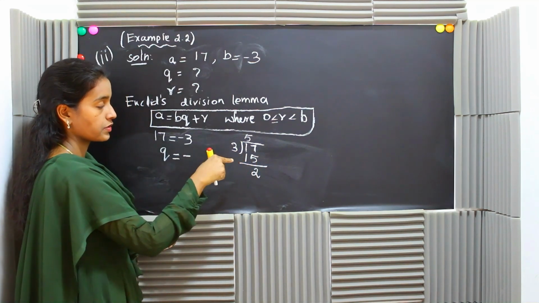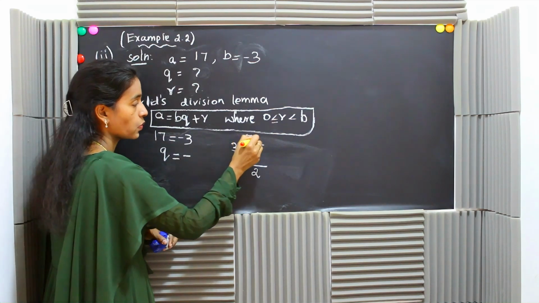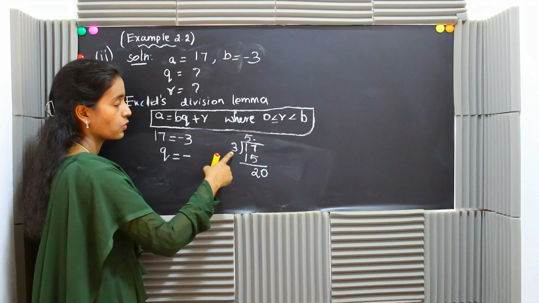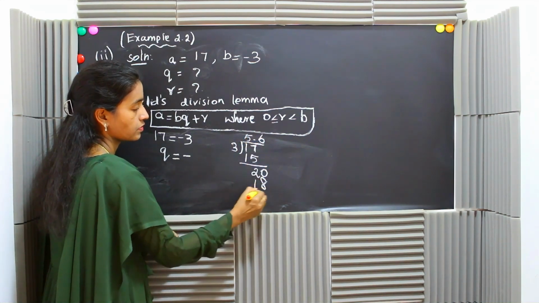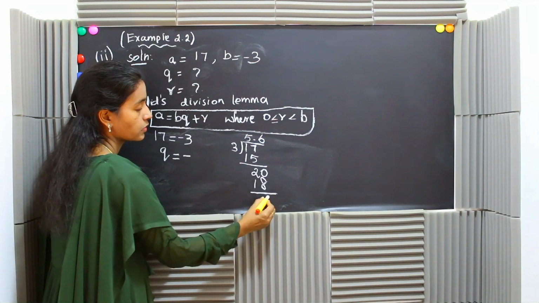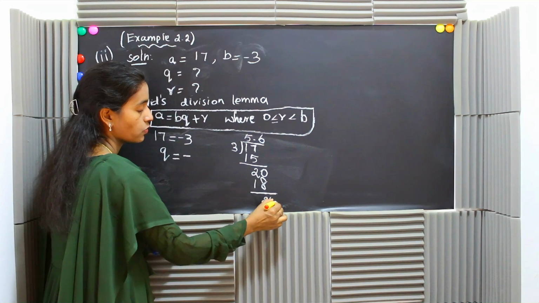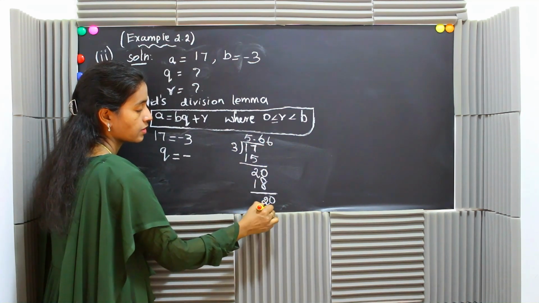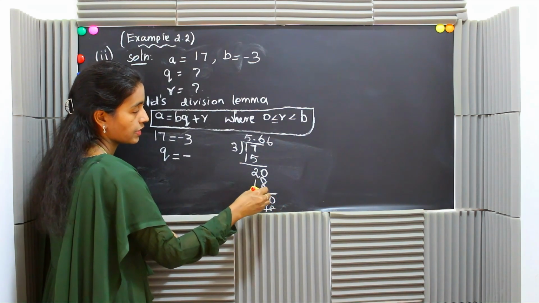After that we couldn't divide 2 by 3, so I am going to put the point and add one more 0 here. What I am getting now, 6 3s are 18. Now again I am getting 2. I need to add one more 0. 6 3s are 18, then again I am getting 20 again and again.